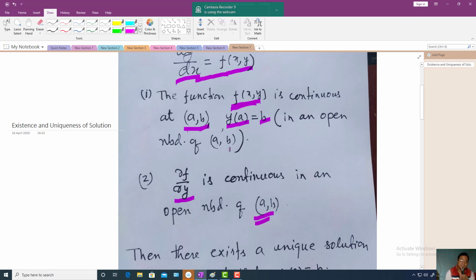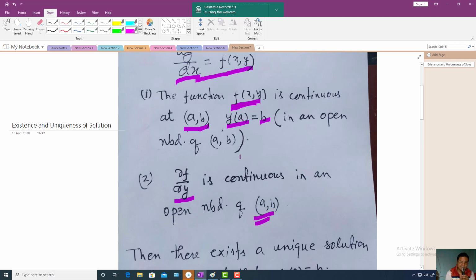That means if these two conditions are fulfilled, there exists one and only one solution passing through this point (a, b). That means there exists one and only one solution y such that y of a is equal to b. So this is called initial value problem. The solution to the initial value problem exists and is unique if these two conditions are fulfilled.